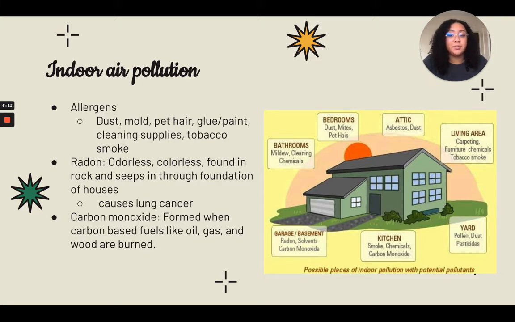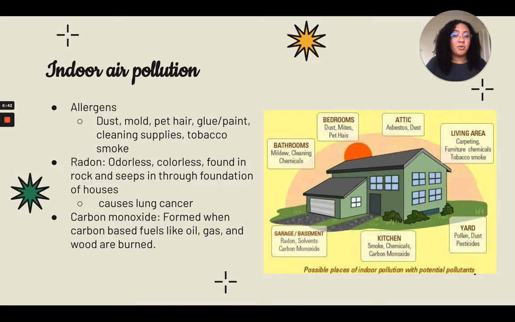Okay, so if you smoke inside or a family member smokes inside, that could cause air pollution inside of the home. There's also a gas called radon, and that's an odorless and colorless gas that is actually found in rock, and it seeps through the foundation of houses. So if there's a crack in the foundation, radon can come through that crack and cause issues for us. So that could cause lung cancer.